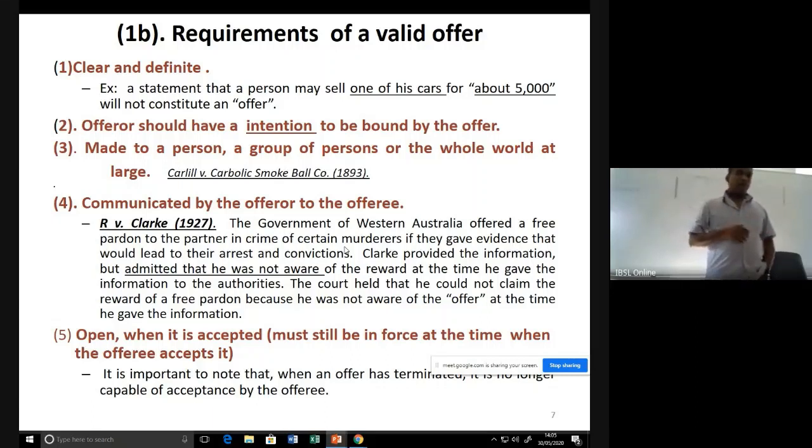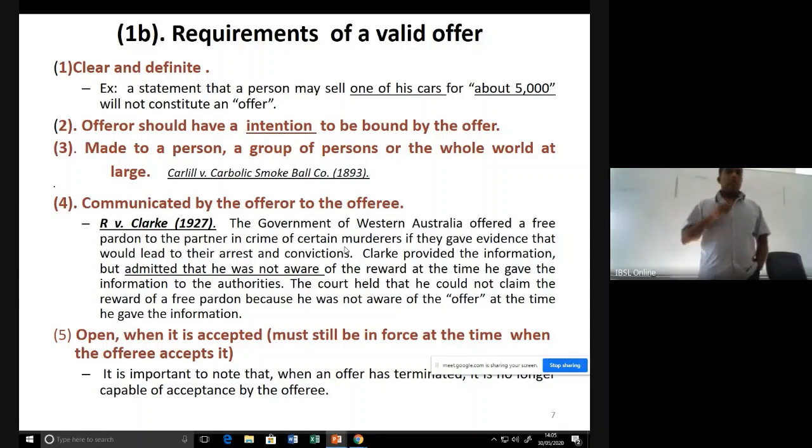You get married. After another 15 years, that girl comes and says, I remember that you made an offer 20 years ago, so I am now accepting your offer. By that time, you may have married.